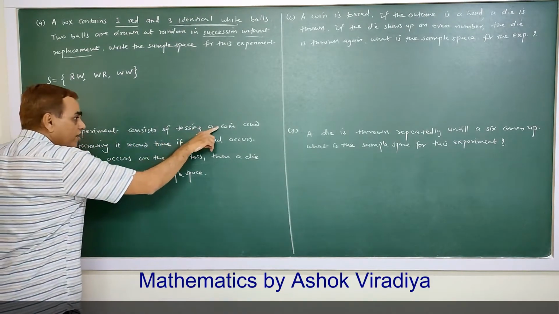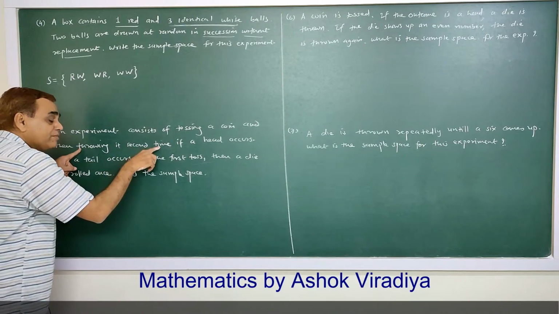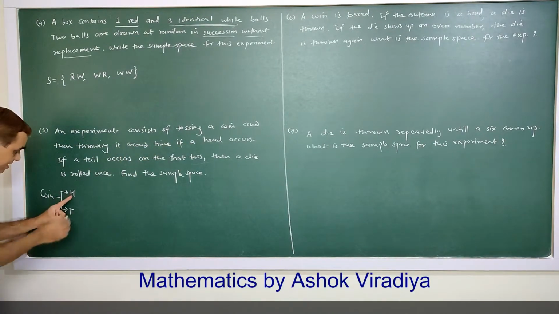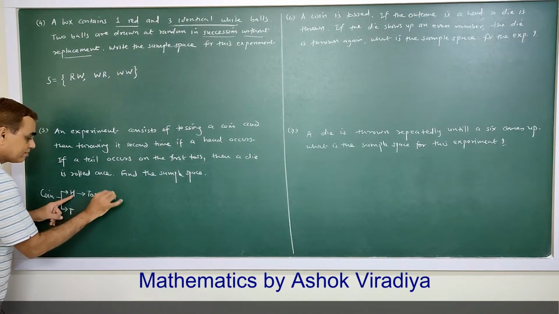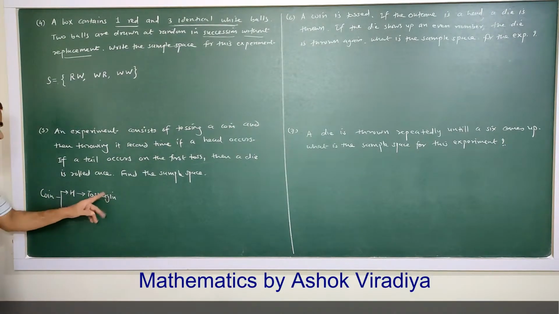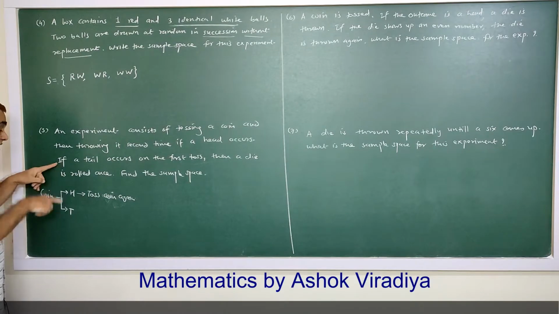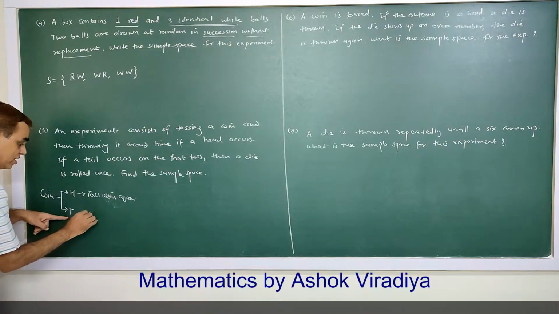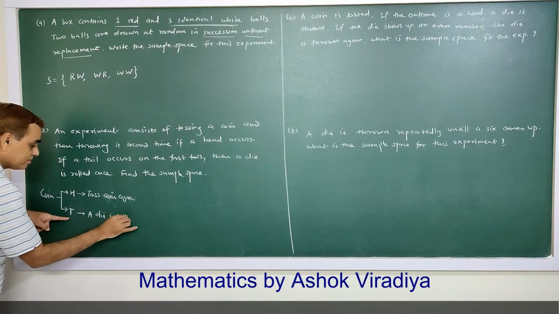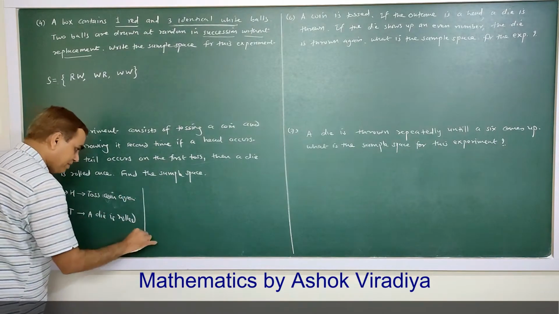If head occurs, then toss a coin again. If tail occurs on the first toss, then a die is rolled. Find the sample space.